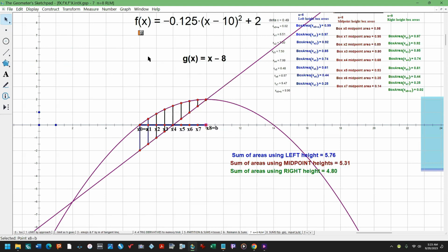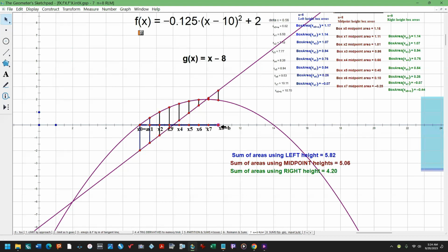Okay, so here, the parabola, we're doing heights. We're doing F minus G. And here, the parabola is always on top. We get positive sums.